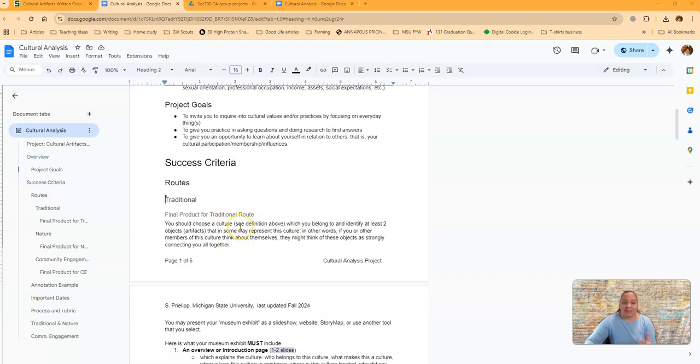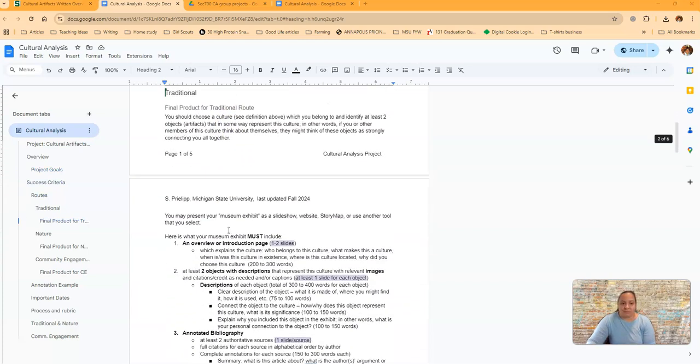We are looking at creating a little mini museum exhibit, if you will. And we're going to use digital projects because, yes, we will share these with the class in a digital or virtual space, but you're not necessarily presenting these. So your final product is, most students tend to choose a slideshow, although certainly you can use a different digital tool that can be shared with groups of students.